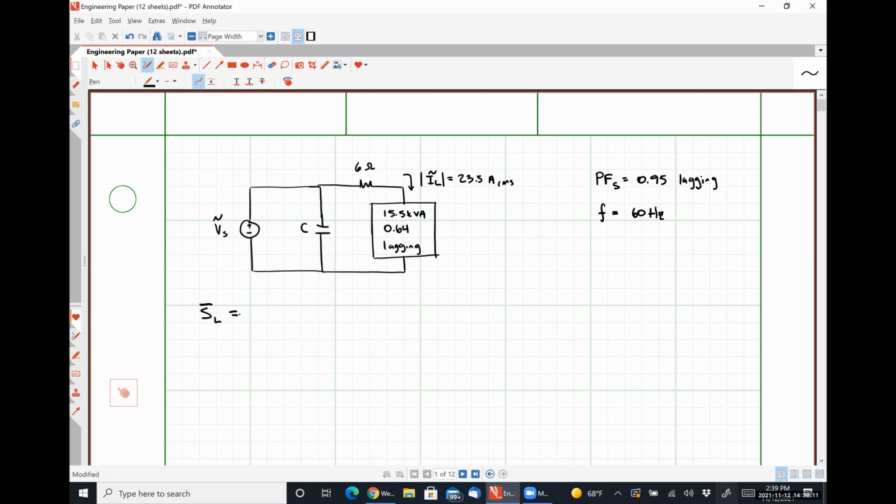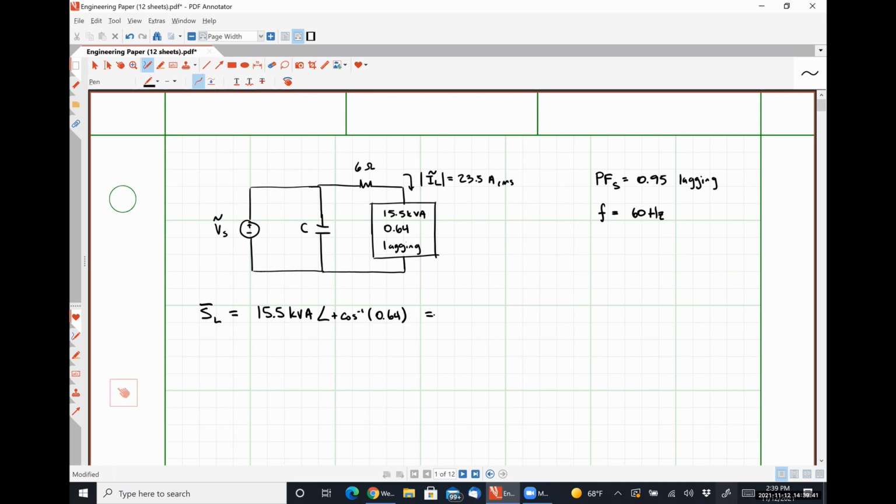So I know that SL will be 15.5 kVA, and it will have an angle of the inverse cosine of 0.64. And because it's lagging, this angle will be positive. So could somebody please tell me what that value comes out to be?